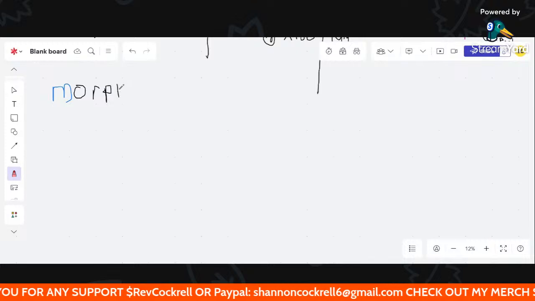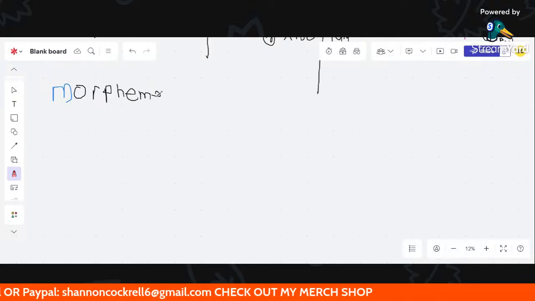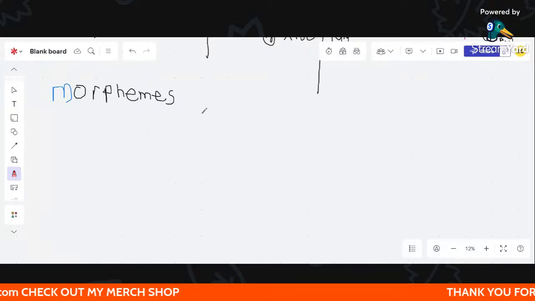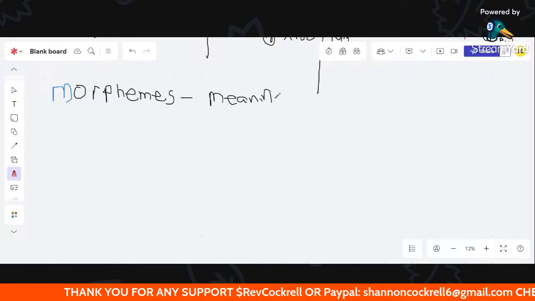Now, morphemes convey a specific meaning.